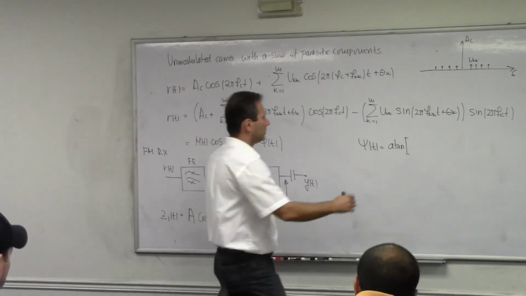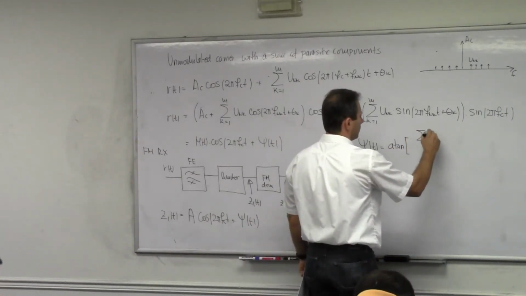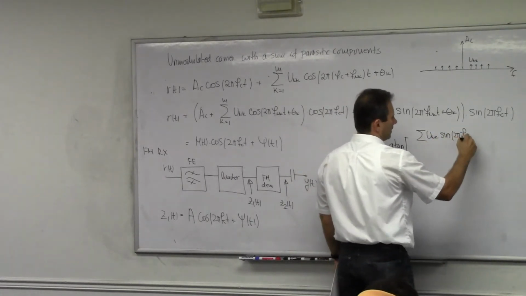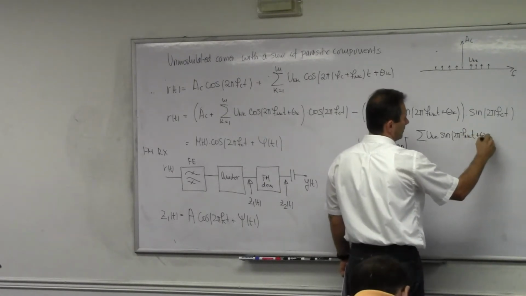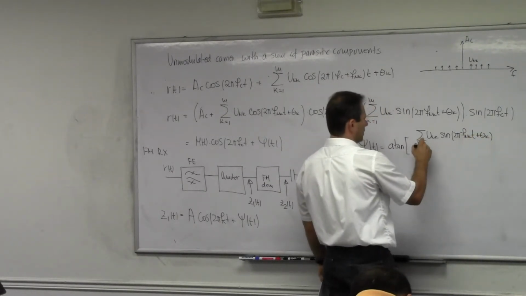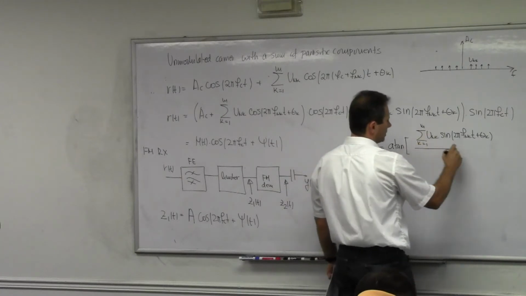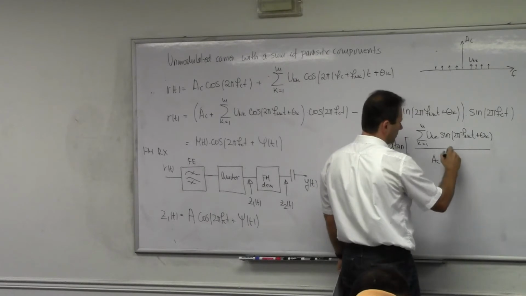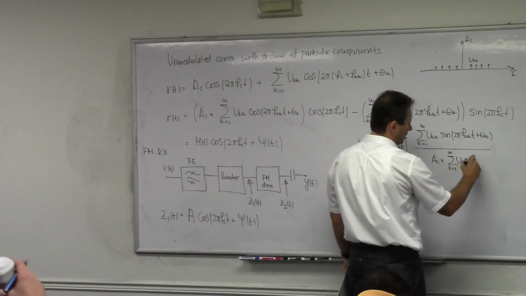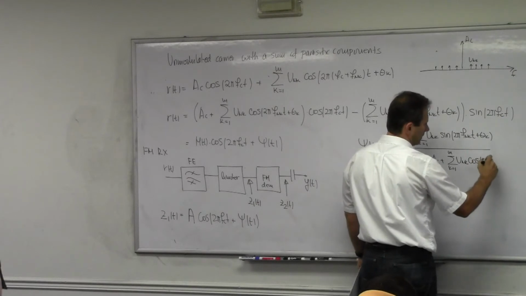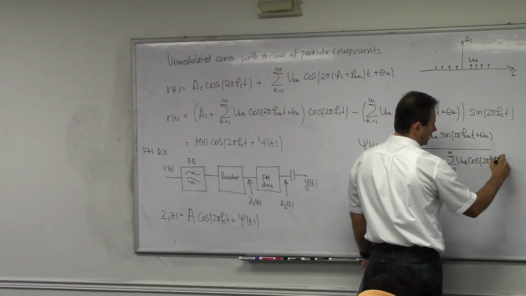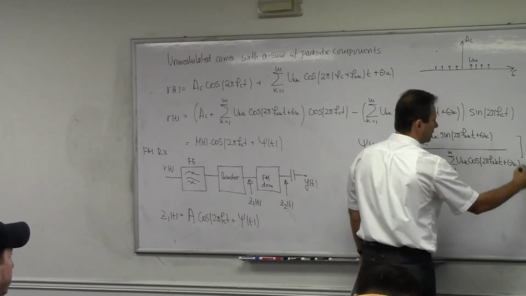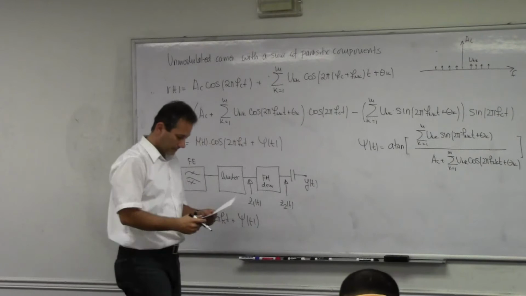So the arctangent of sum of A_nk sine of 2 pi f_nk t plus theta k over k, k goes from 1 to n, and downstairs I have A_c plus sum when k goes from 1 to n A_nk cosine 2 pi f_nk t plus theta k. So that's my angle-modulated signal.